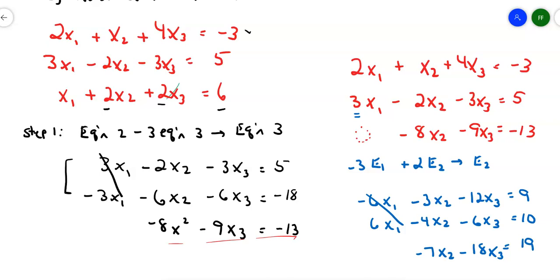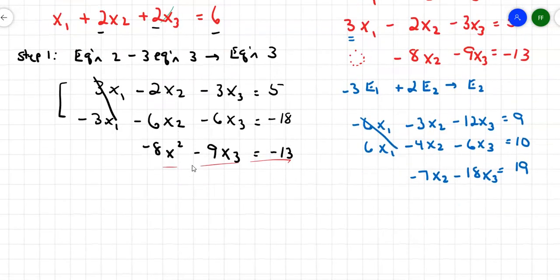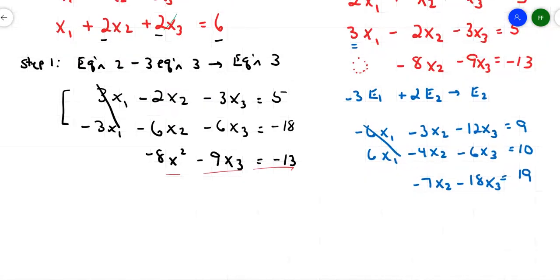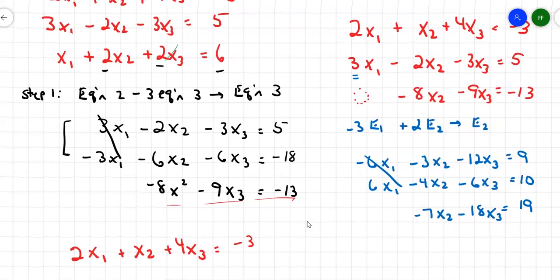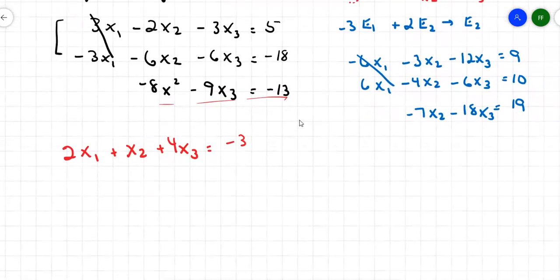All right, and we said that goes in the spot for equation 2. So we're going to have to move this up a little bit. Let's rewrite our line 1, which is 2x sub 1 plus x sub 2 plus 4x sub 3 equals negative 3. Okay. Now we know what we're going to put in for line 2.